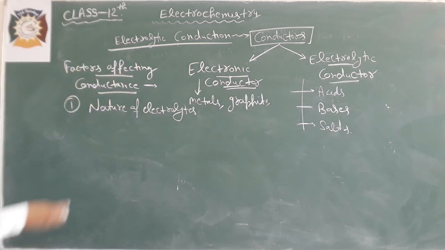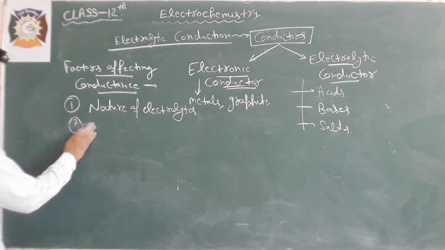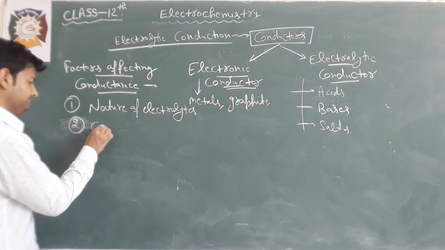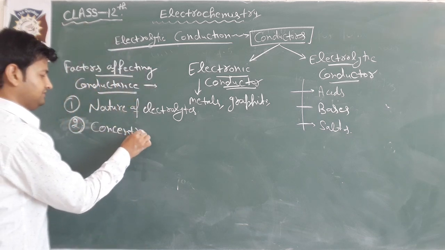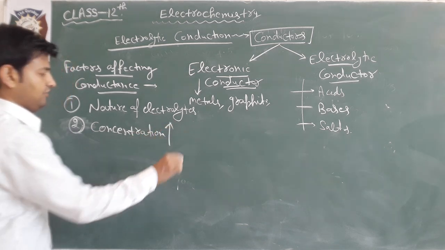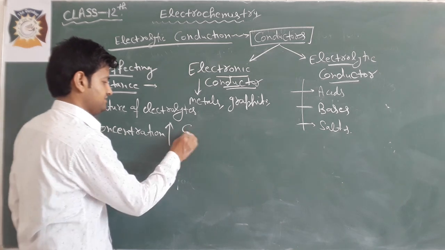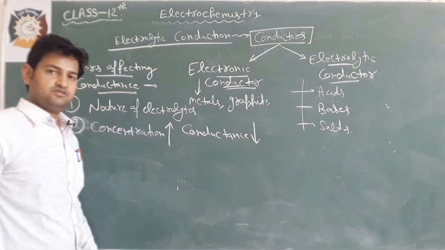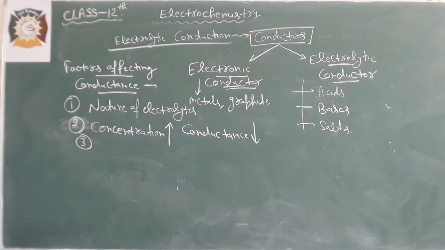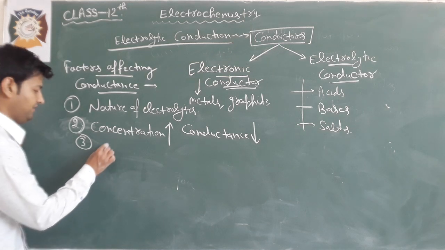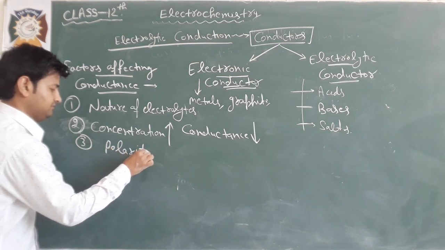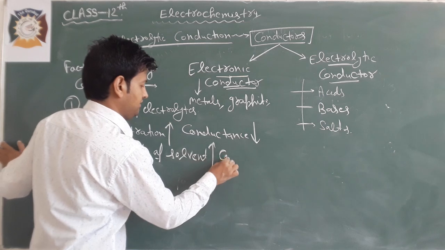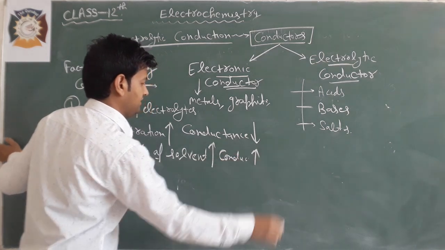Second is the concentration of the solution. As the concentration of the solution increases, conductance decreases. Third is the polarity of the solvent. As the polarity of the solvent increases, conductance also increases.